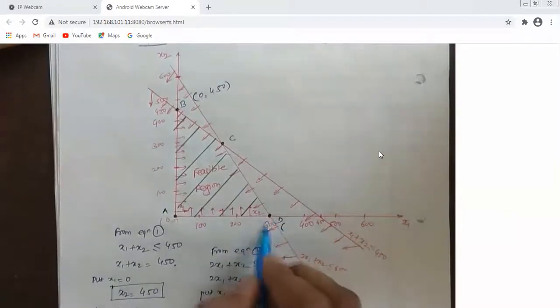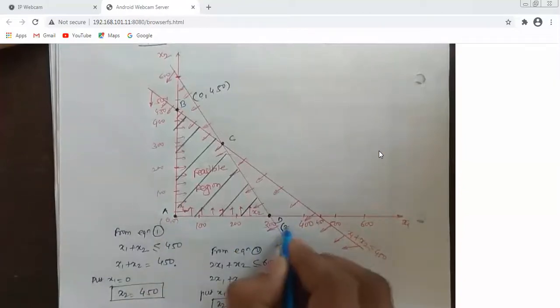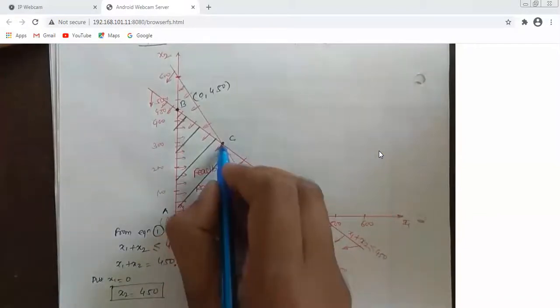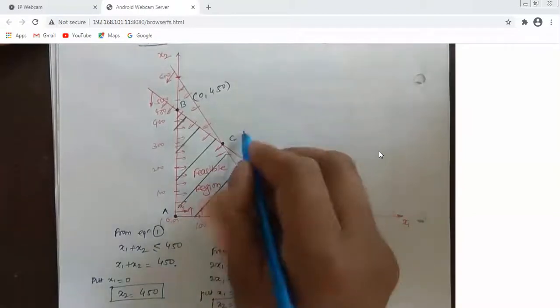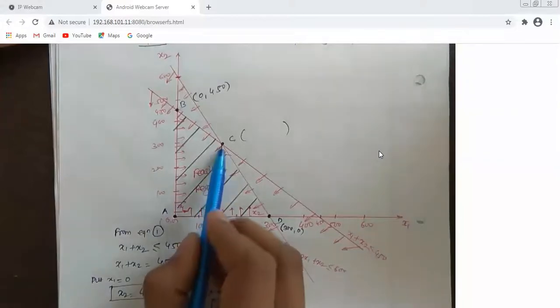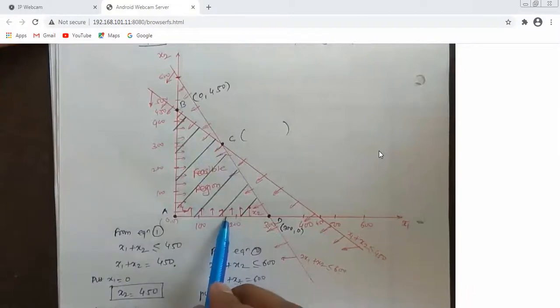See, x1 is 300, but x2 is 0. So I will write 300, 0. Okay. Now the only thing left is point C. What are the coordinates at point C? If you are using graph paper, you can directly extend this line on x2 and x1. You will directly get the coordinates of x1 and x2.